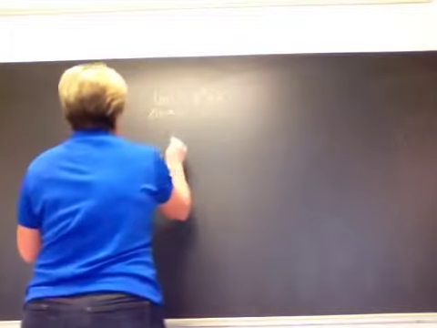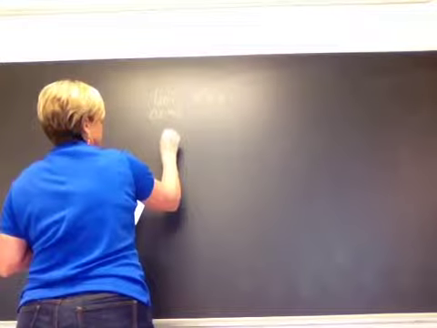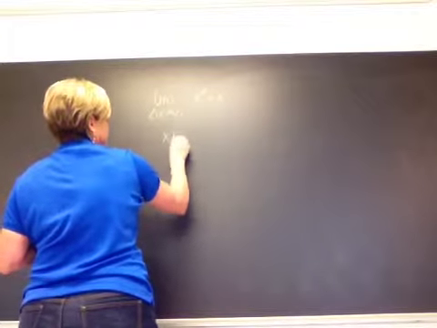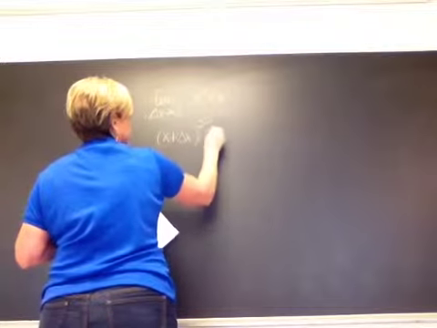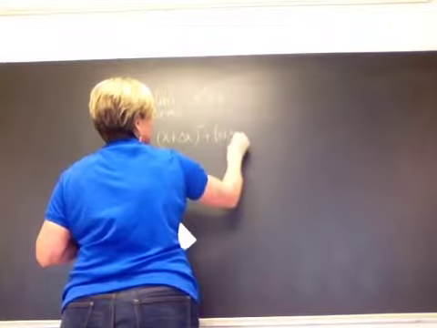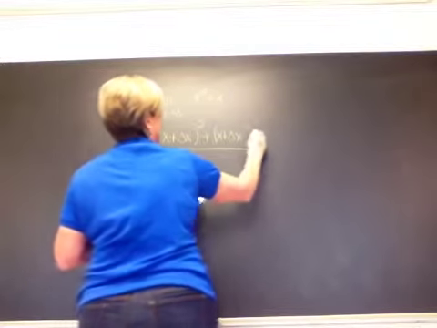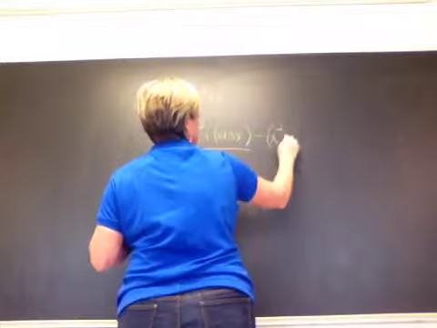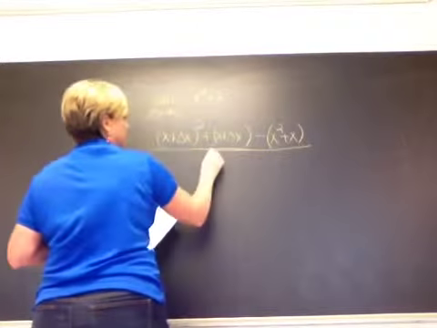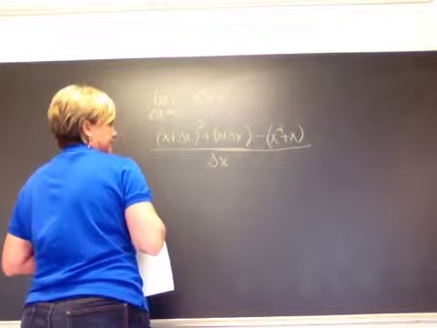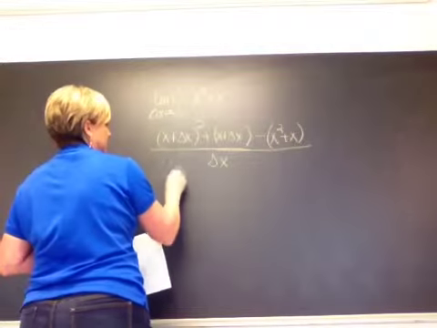So anyway, you've got f of x plus delta x minus f of x, all over delta x. And then multiply that out.